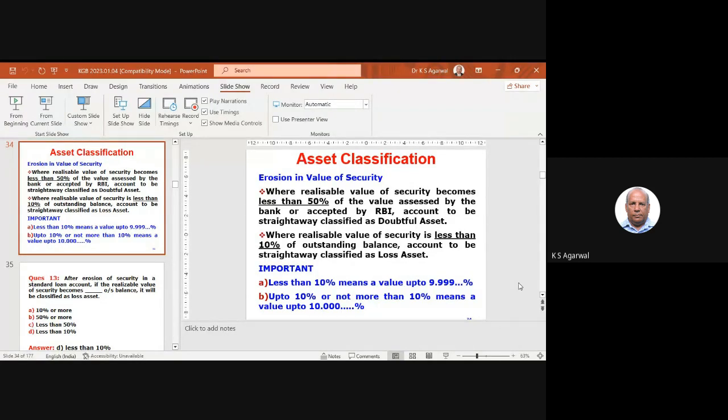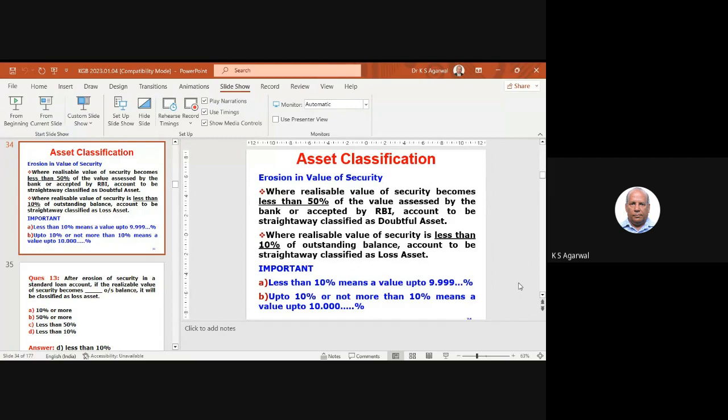And next is where the realizable value of security is less than 10% of outstanding balance, the account is to be straight away classified as loss asset. So for loss asset, 10% is related to outstanding balance. For doubtful, this less than 50% is related to the previous value of security.